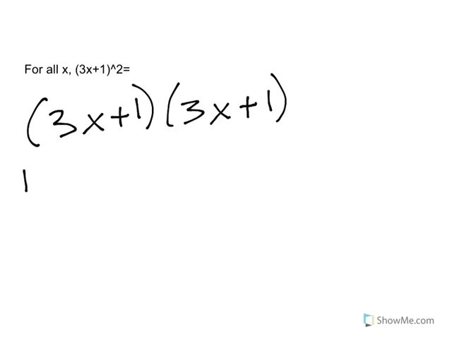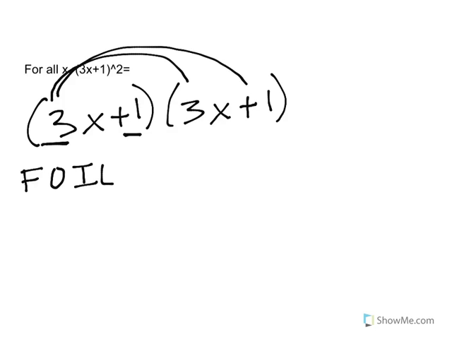What FOIL means is first, outside, inside, last. This is our outside number. This is our inside number. We want to multiply our outside number first to both of the numbers on the other side. After we multiply that, then we take our inside number and we multiply that through.